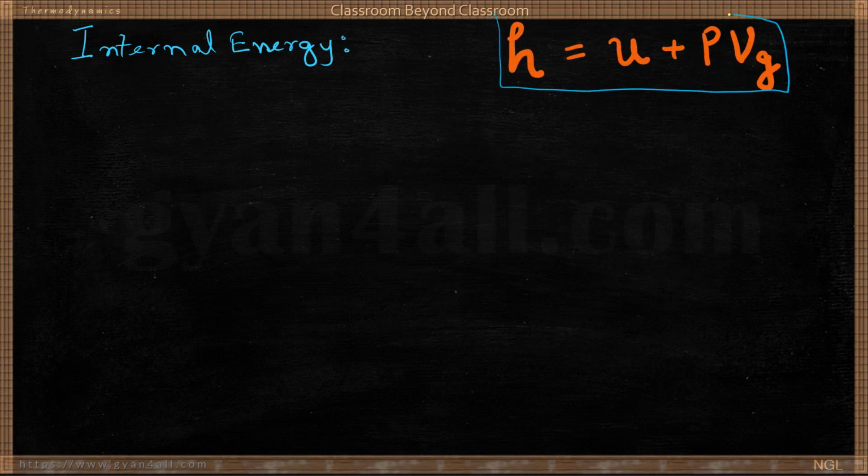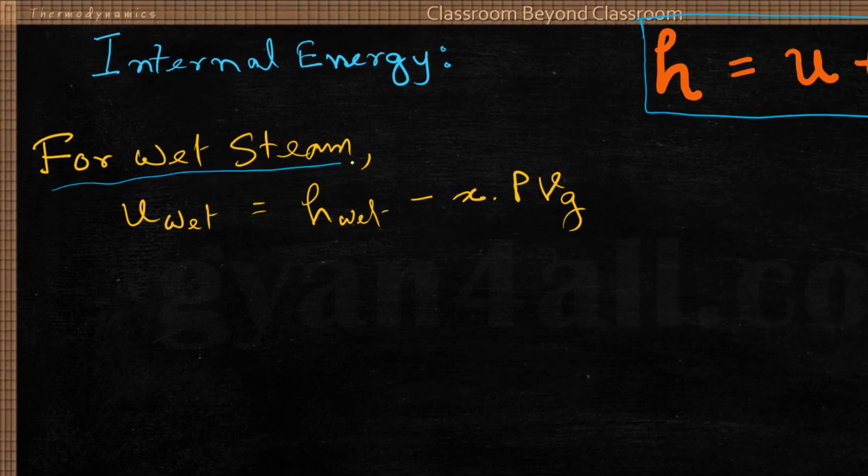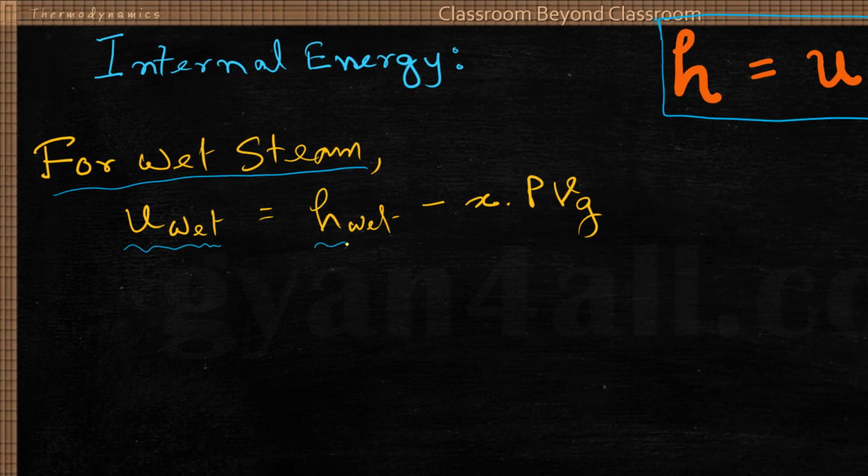Now come to internal energy. This we have discussed today only. What is internal energy? It comes from this equation: enthalpy is equal to internal energy plus PV, and V is Vg because we are talking about steam. If the steam is wet, then internal energy is the enthalpy of wet steam minus work done.